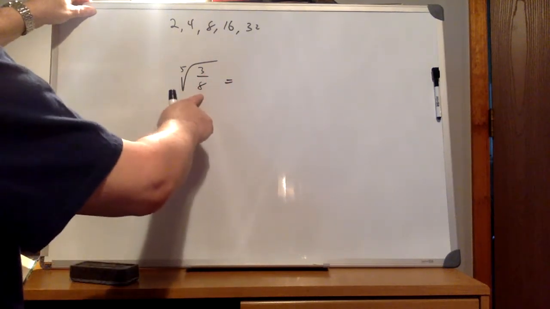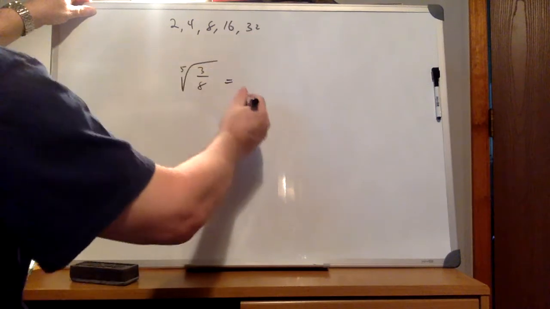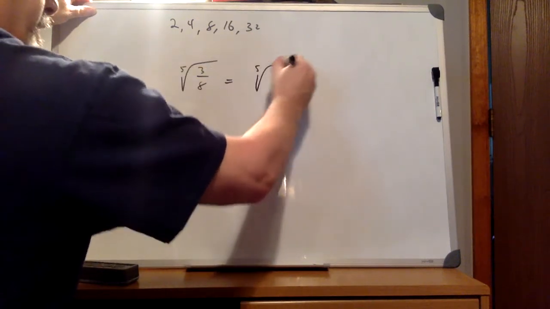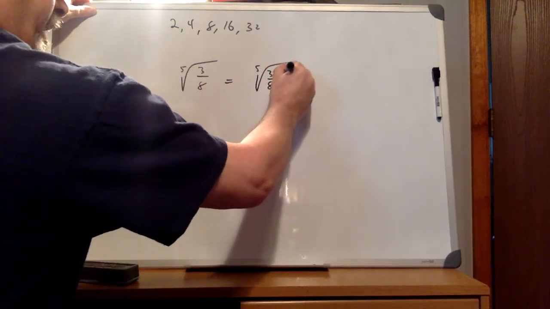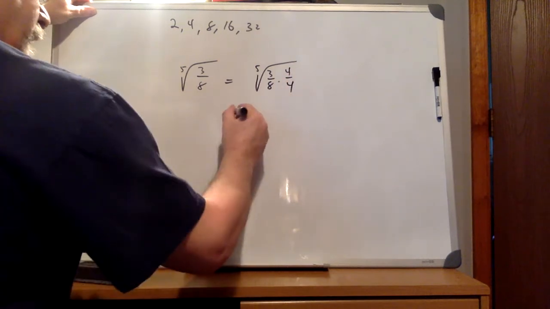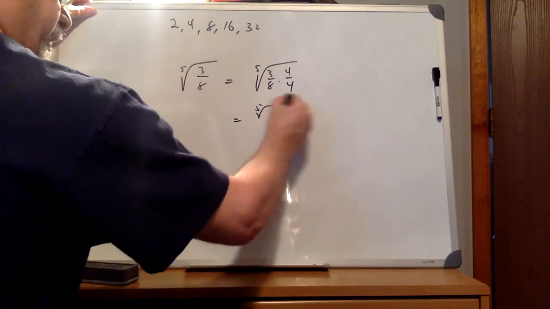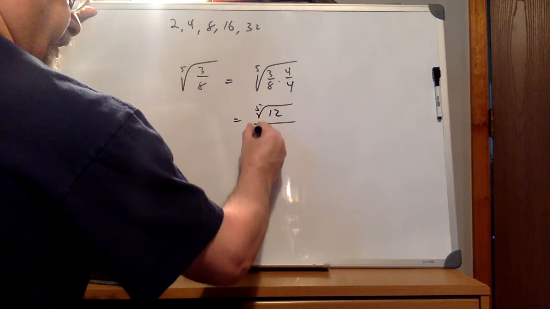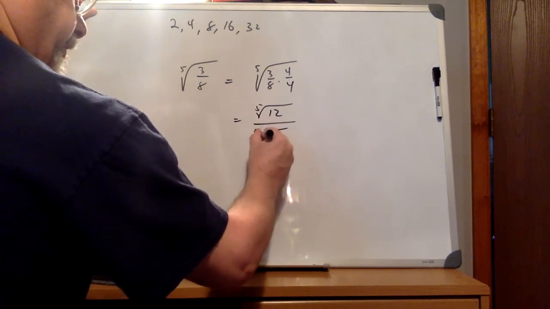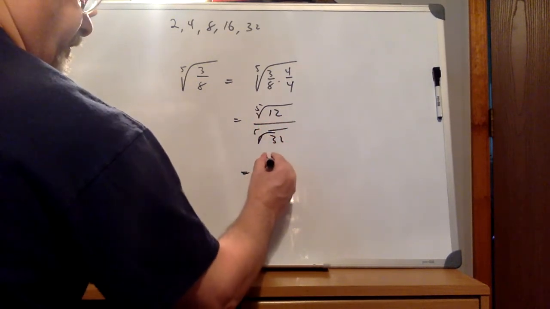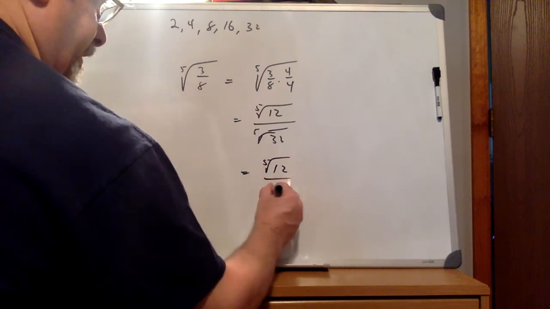Well, I would want to make this 32 now, so I would multiply it by 4 over 4. So then I have the fifth root of 12 over the fifth root of 32, or the fifth root of 12 over the number 2.